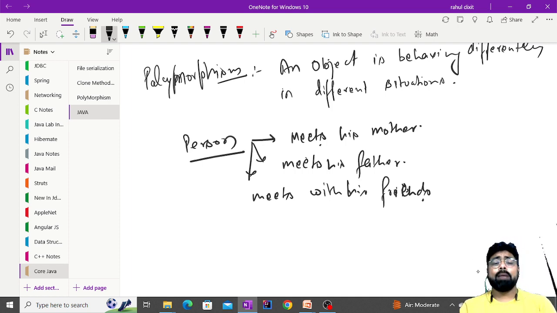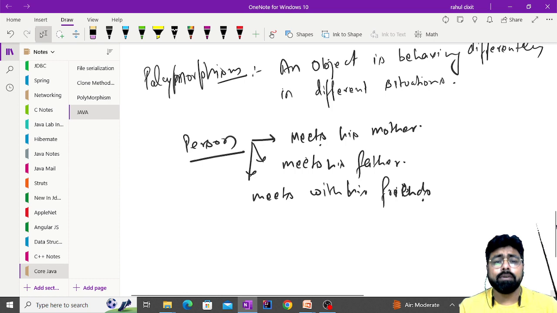What I'm trying to establish is that a person can be a child, a friend, a husband, but if the situation changes, the person's behavior changes. That is nothing but polymorphism. How it is achieved in Java, we will discuss further, but for now we are establishing what polymorphism is: an object behaving differently in different situations. That is the definition.